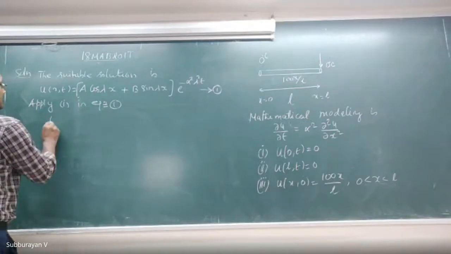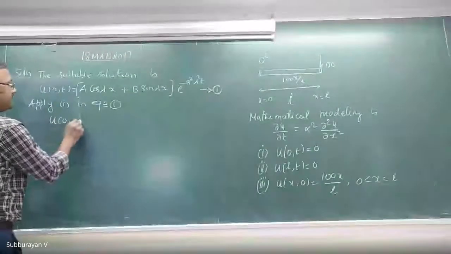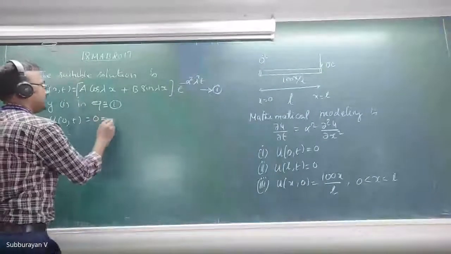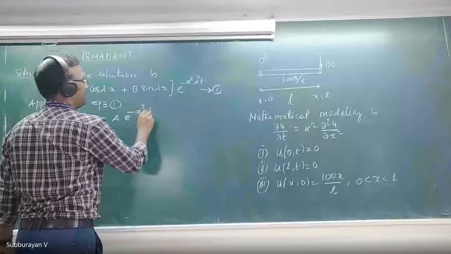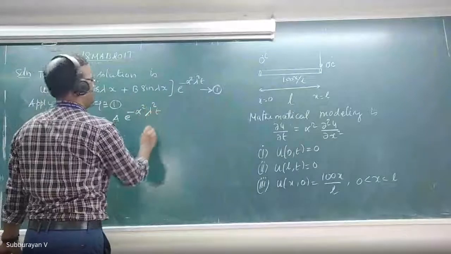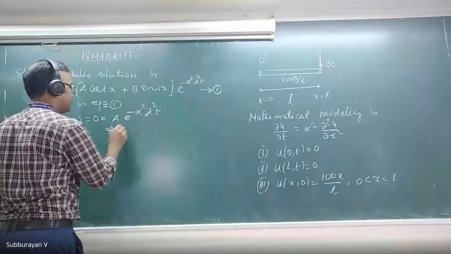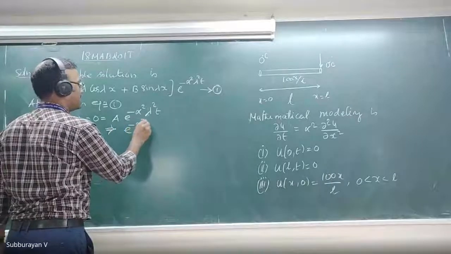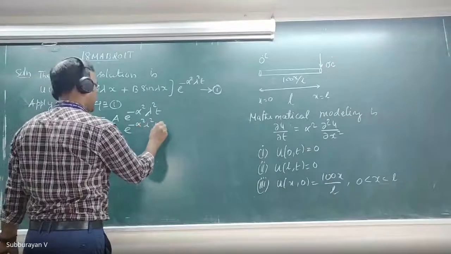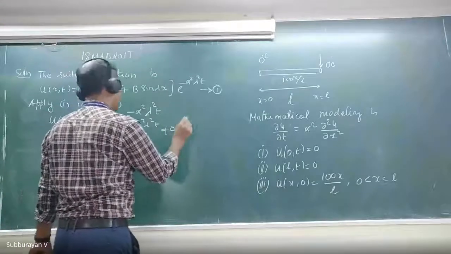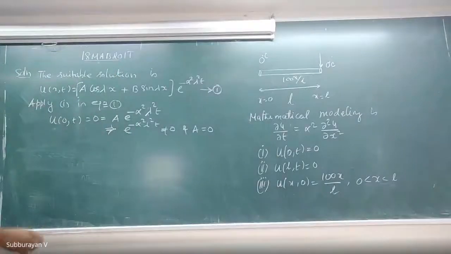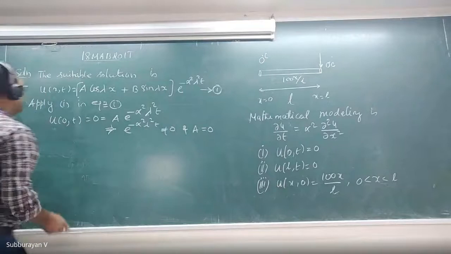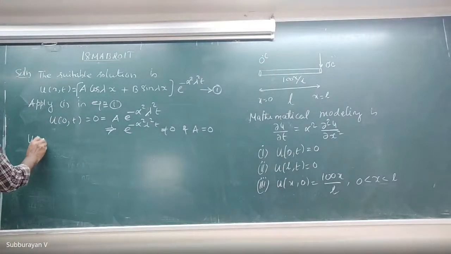So that is u of 0 comma t which is equal to 0, which is equal to a into e power minus alpha square lambda square t, which implies e power minus alpha square lambda square t not equal to 0 and a equal to 0.